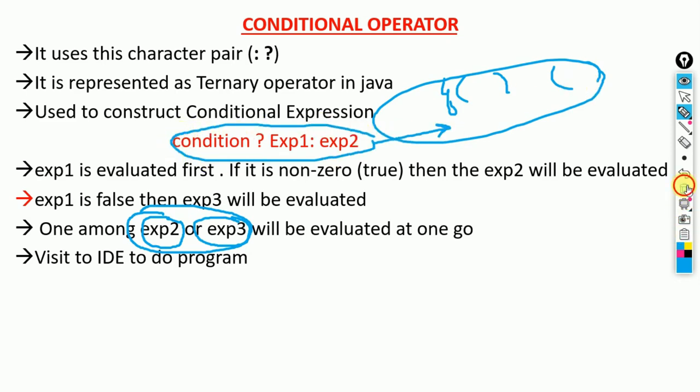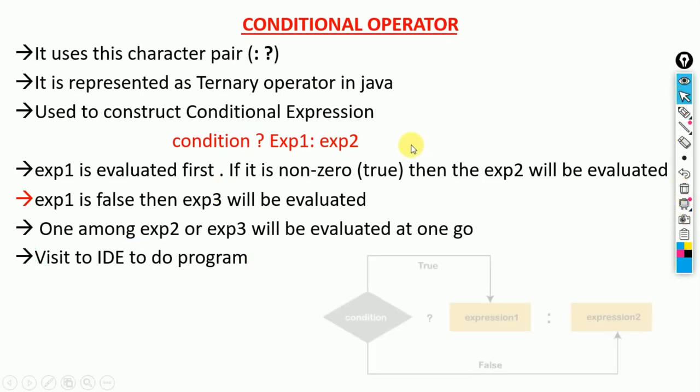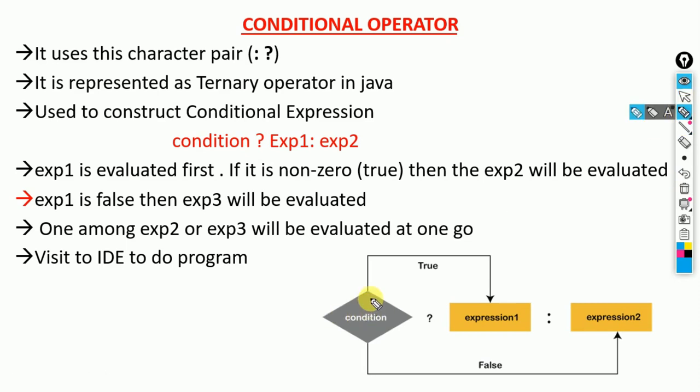Before moving to the IDE, I will show you a diagram so the concept becomes very clear. It's a condition, and if the condition is true, expression 1 will get evaluated, and if the condition is false, then expression 2 will get evaluated. Now the diagram is very clear. Let's move to our IDE and write a program on it.